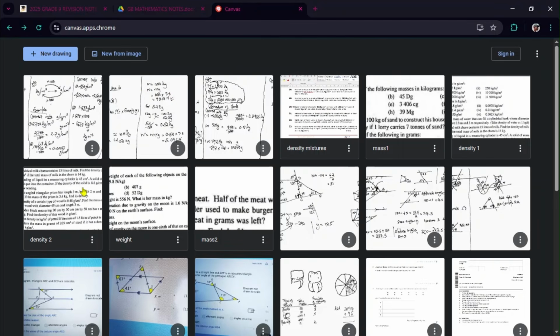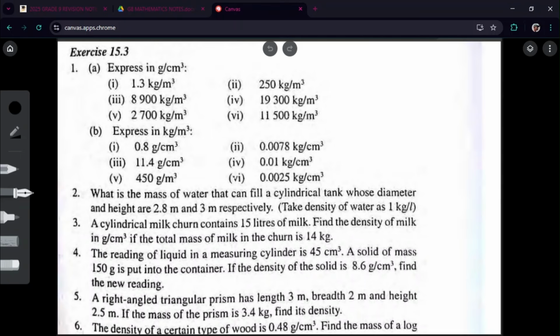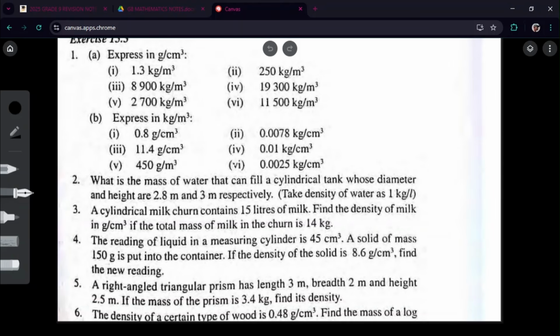Go back to the questions, and I pick the density. Let me pick, for example, this one. I'll pick any of them. I can pick even this one.